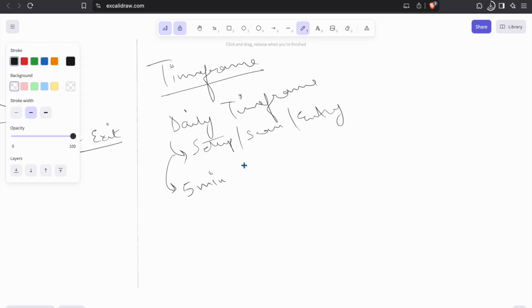Now, in those cases, you will shift to a time frame like 1 hour or even 15 minutes. Because what will happen is 5 minutes will give you a lot of pivot points and they will give you fast exits as well.